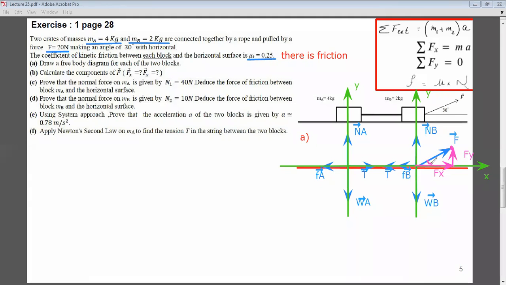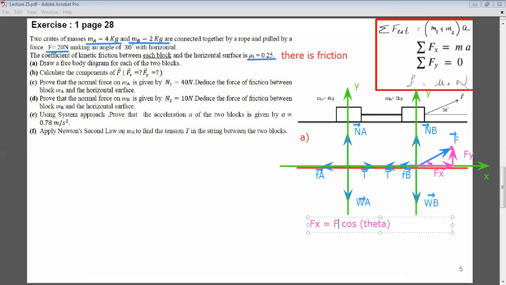Fx is adjacent to angle theta, so Fx equals F cosine theta.